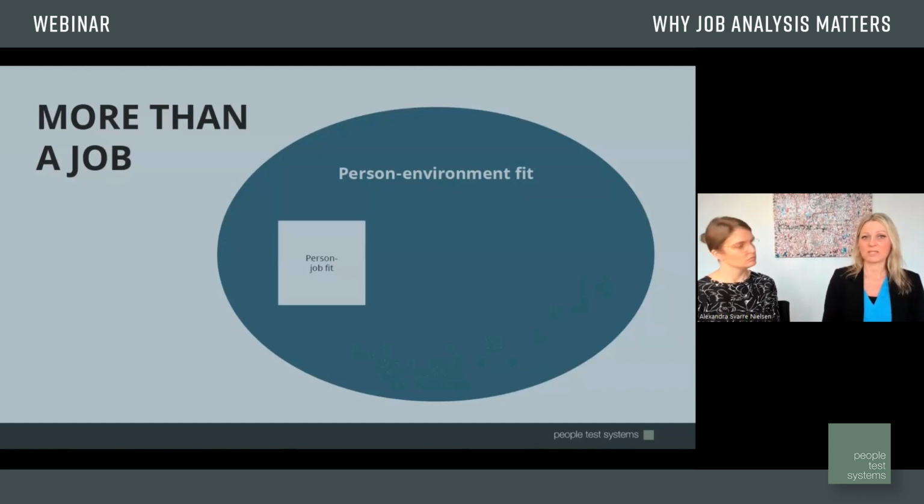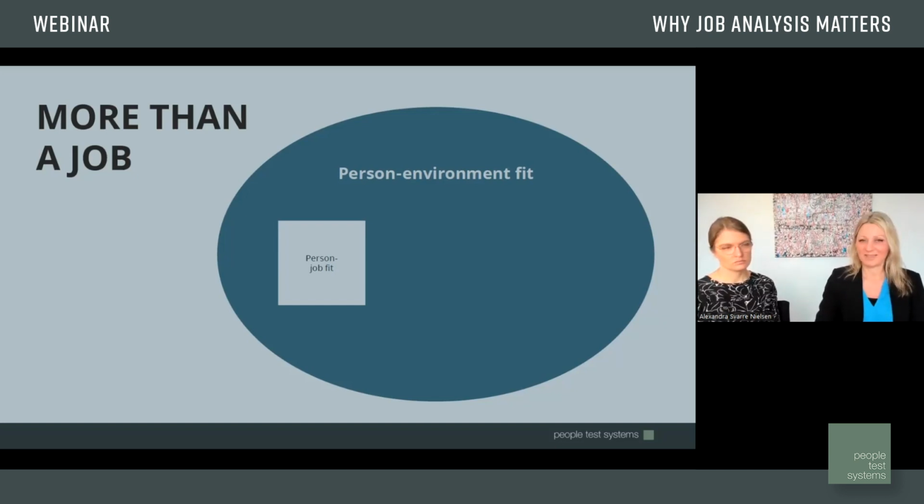The first one is the person-job fit, and that would be what you typically use and look at when you're conducting a job analysis or when you are fulfilling a job. So that is more the education that the person needs to have, or the job experience, the knowledge the person needs to have, and the skills that you need to have, and also personality traits that would be important in order to fit the actual job itself.